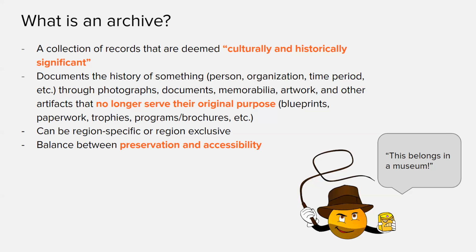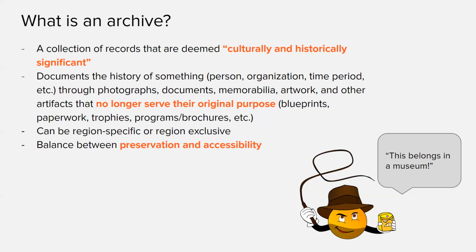And kind of the main point of an archive is to find a balance between preservation and accessibility. While the point of an archive is to provide safe accessibility for archive materials, it is also important that these items are preserved in proper ways.